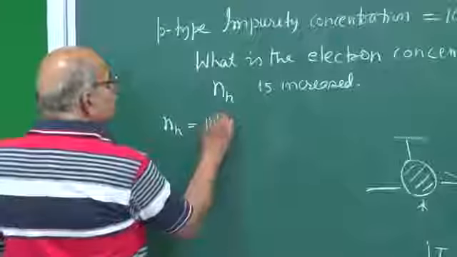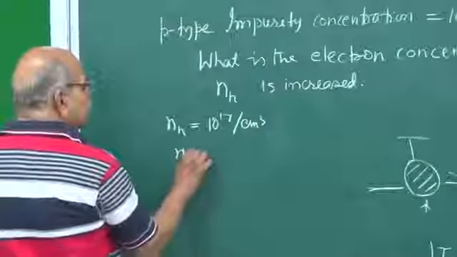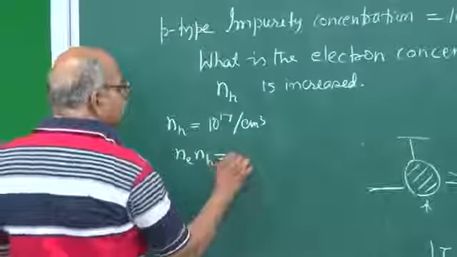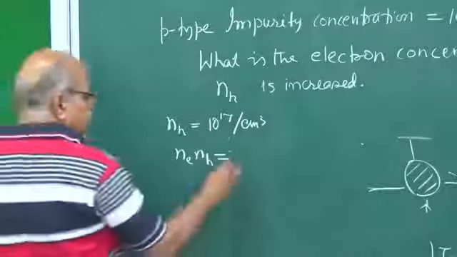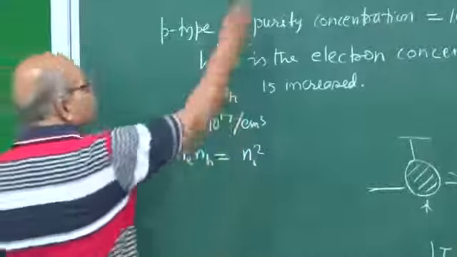10 power 17 per centimeter cube, and then Ne times NH is independent of doping, and that is Ni square, the intrinsic concentration square. This is Ni.